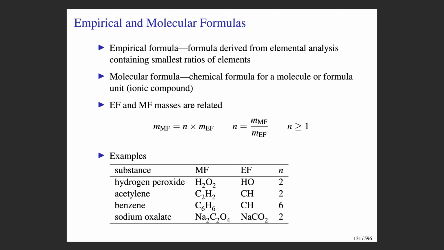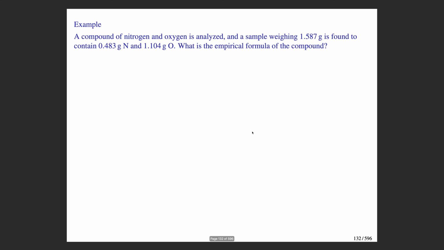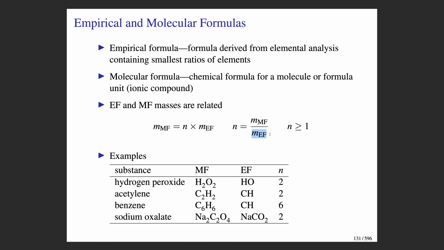If you can perform an experiment where you measure both the mass of the empirical formula and the mass of the molecular formula, you can use that to calculate what this factor n should be. That provides you with a way of deriving the molecular formula from the empirical formula. We'll see a problem like that later on in this presentation.